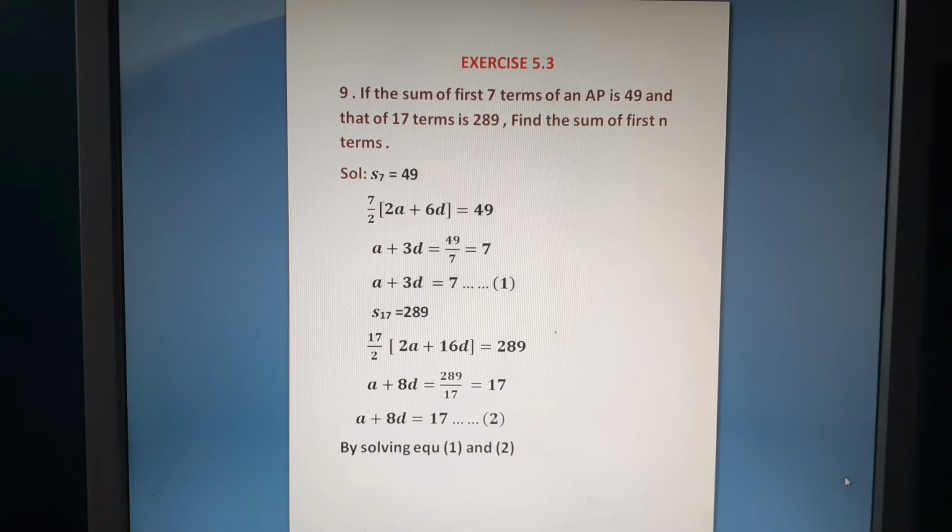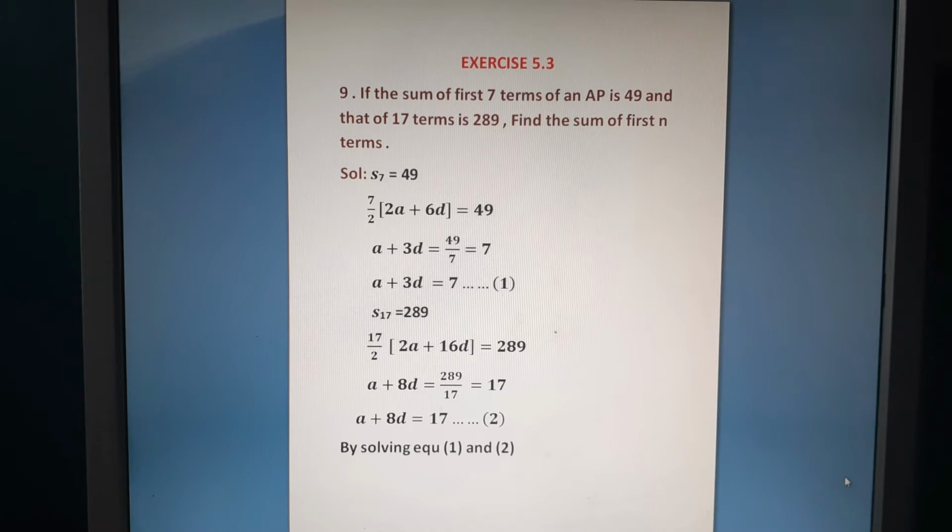Again by the given data, S17 is equal to 289. That is 17 by 2 into (2a plus 16 into d) is equal to 289. 2a plus 16d divided by 2, we get a plus 8d.